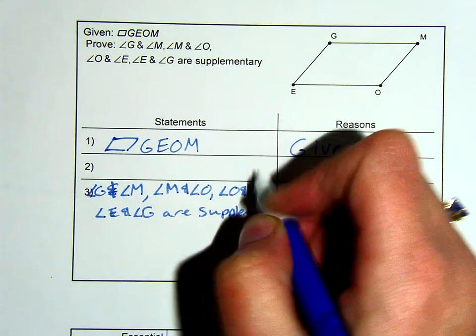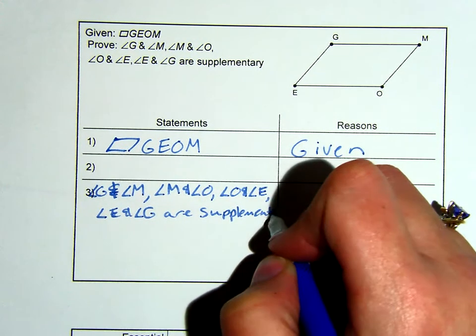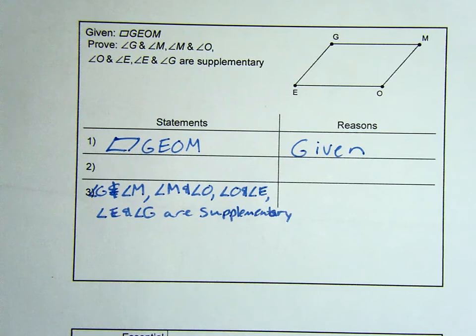So we are proving our parallelogram consecutive angles theorem. So we can't use that theorem in this proof. Alright, so now we got to think about what we know about parallelograms. It's a parallelogram, so its opposite sides are parallel.